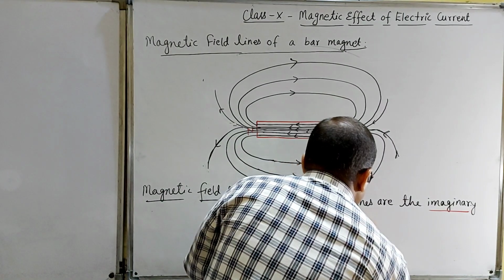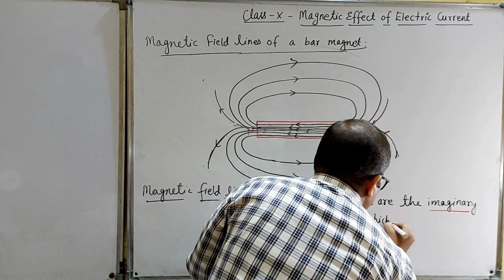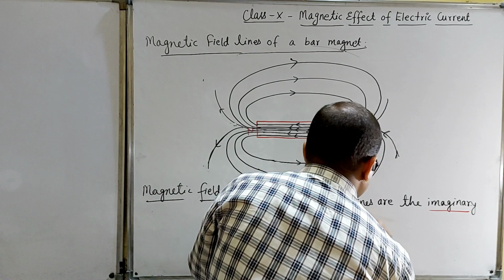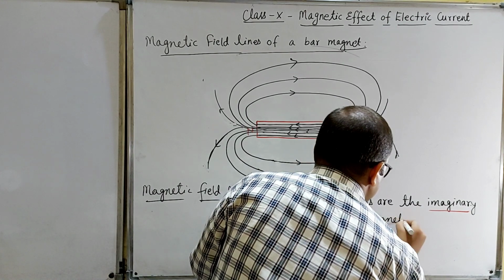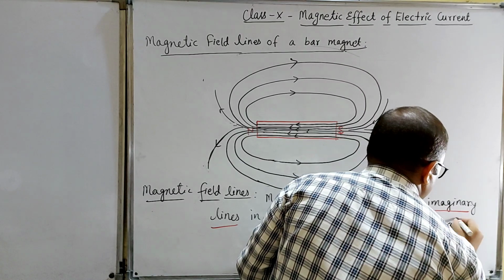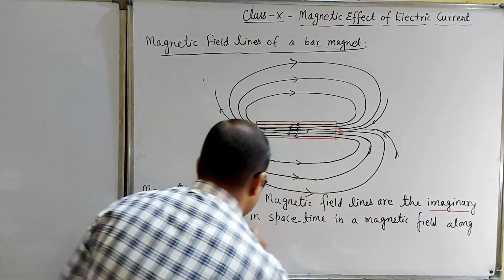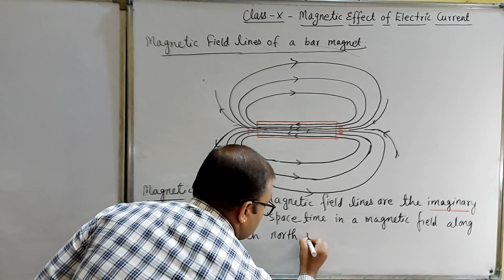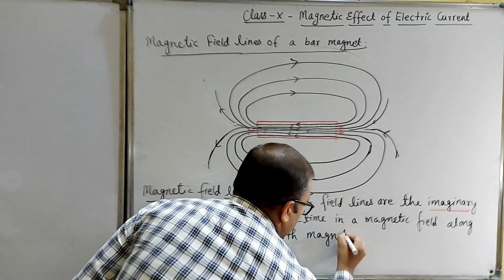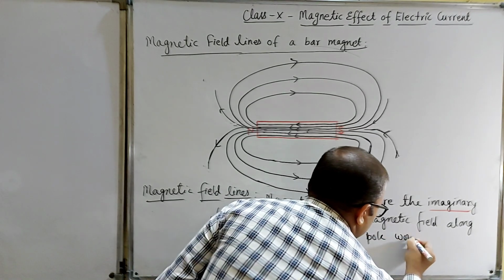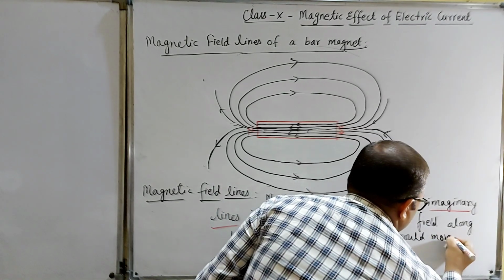in a magnetic field, along which the north magnetic pole would move.